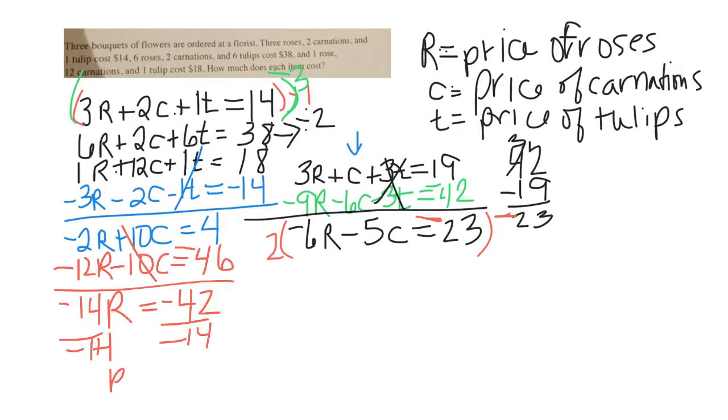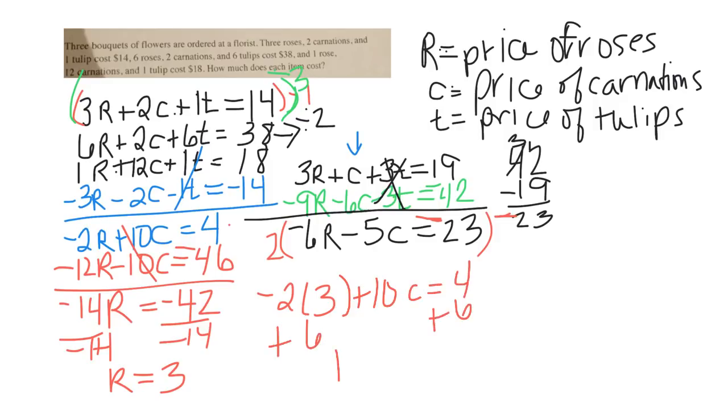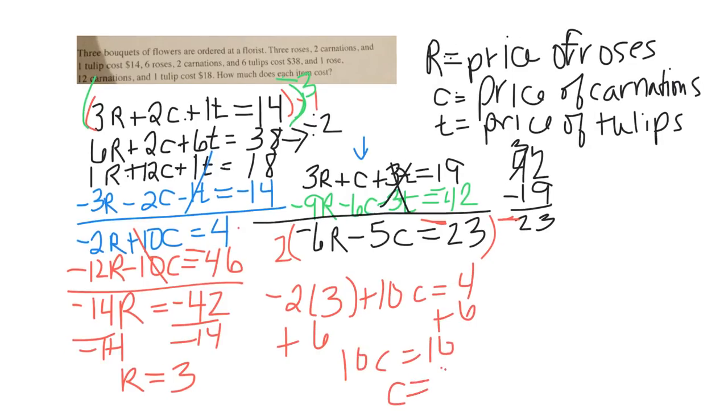So the roses cost $3. Now I can plug that in. I'm plugging it into this equation right here. Negative 2 times 3 plus 10c equals 4. Add 6. 10c equals 10. So the carnations are $1.